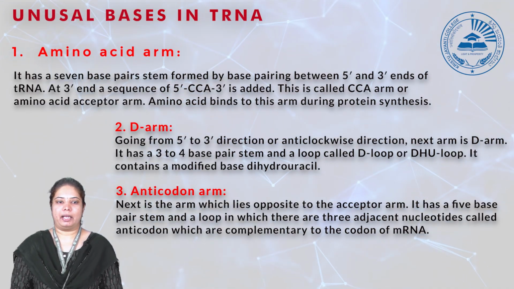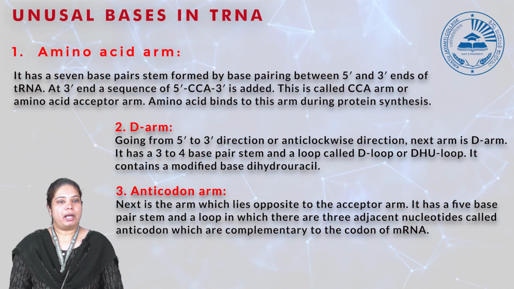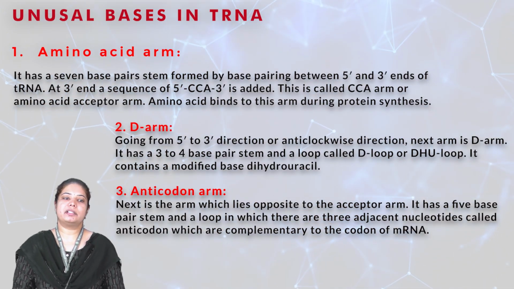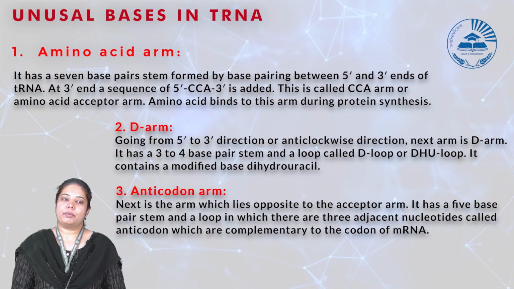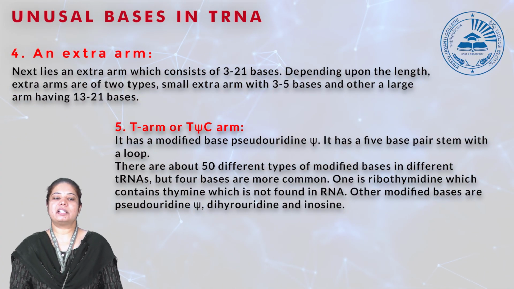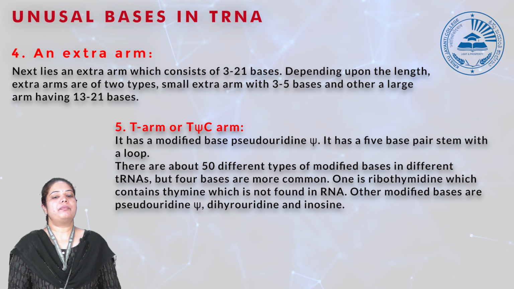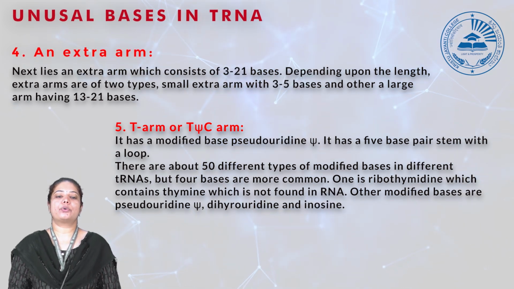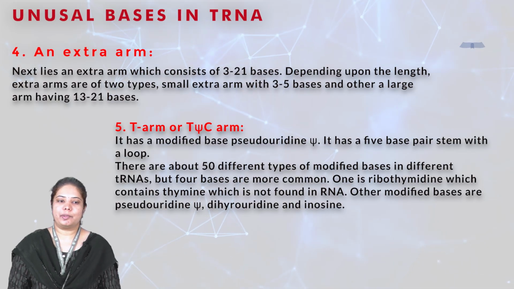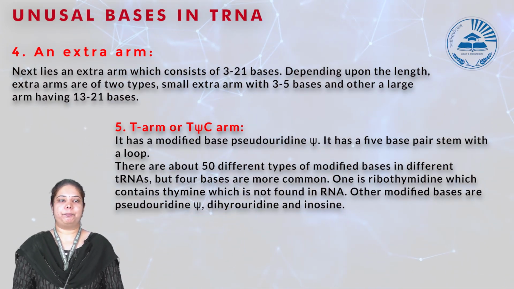So the tRNA has the amino acid arm, called the acceptor arm, followed by the D arm, then the anticodon arm, then the extra or variable arm, and then the T arm. The T arm has pseudouridine, dihydrouridine, inosine, and ribothymidine. Such unusual bases are present more in the T arm.